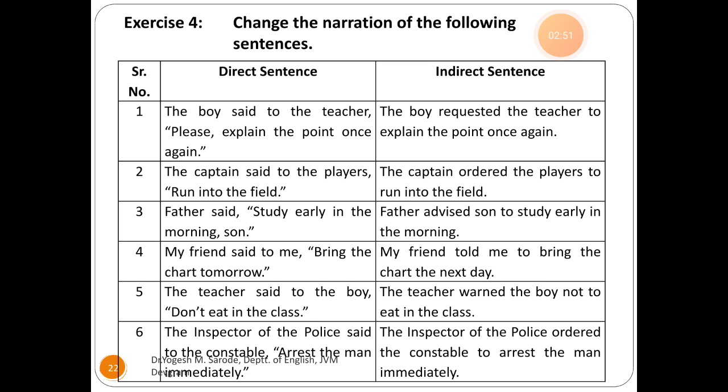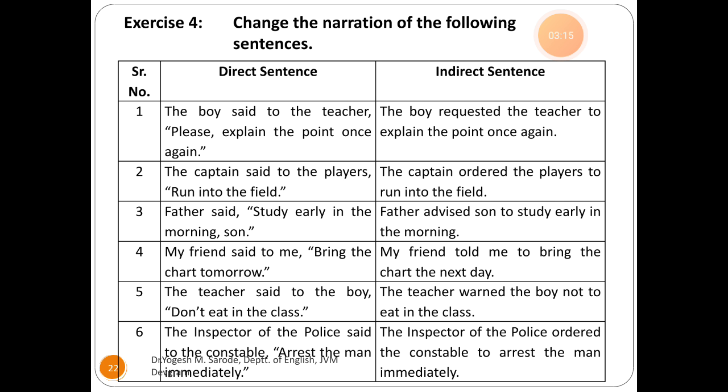Example number 1. The boy said to the teacher, "Please explain the point once again." Here, the boy will request the teacher. So the reporting verb is in past tense, so we will put the verb request in past tense. The boy requested the teacher.